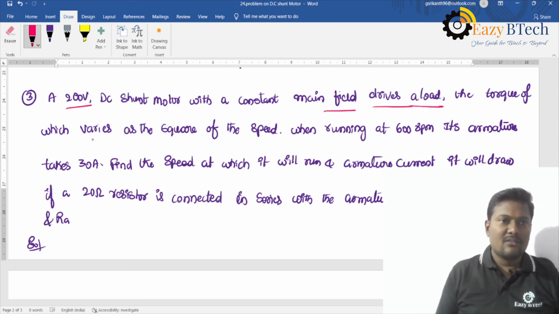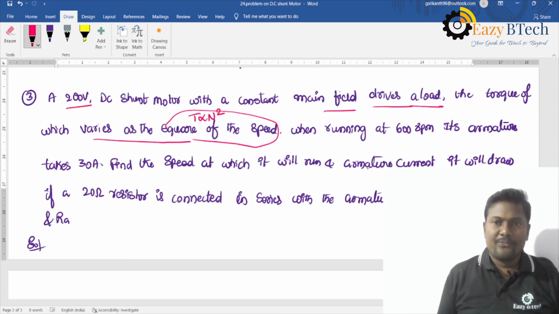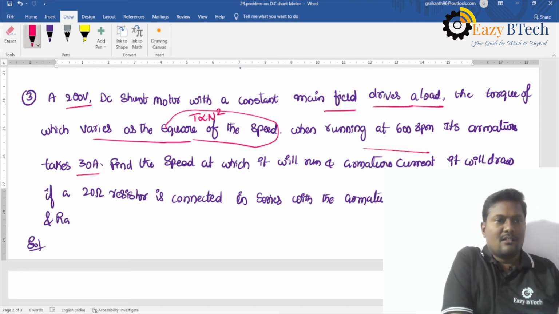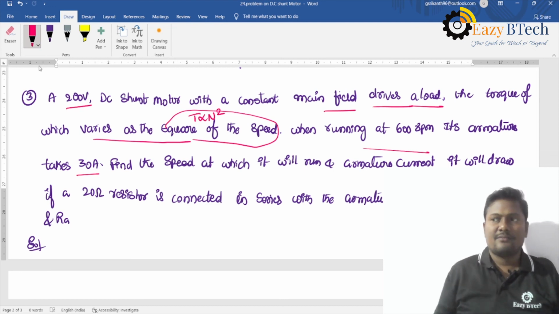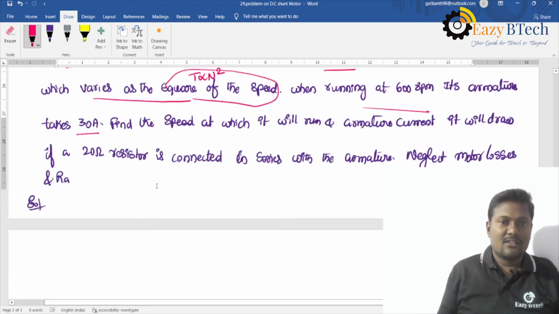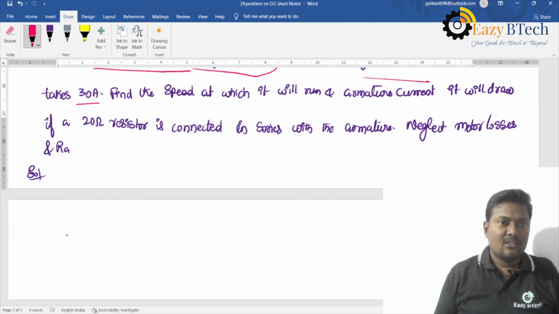The torque varies as the square of the speed. That means torque is directly proportional to N square. When running at 600 rpm, its armature takes 30 amperes. So IA1 is equal to 30 amperes and torque is directly proportional to N square.